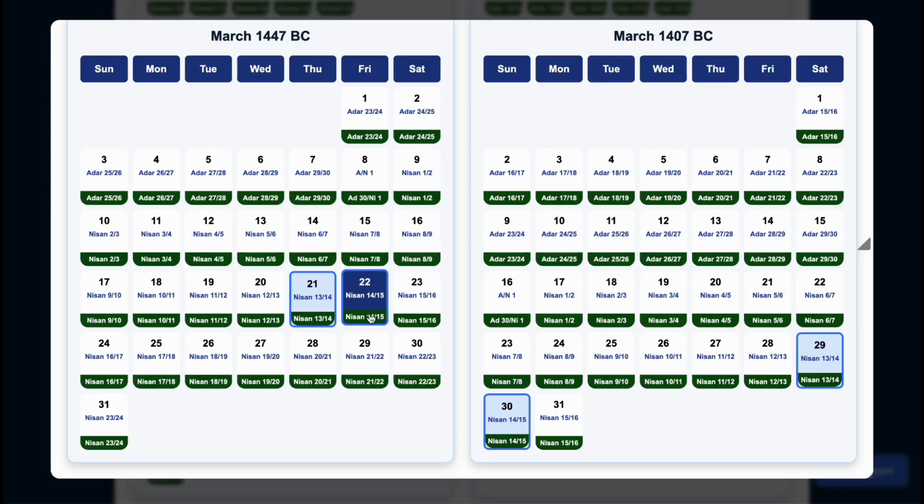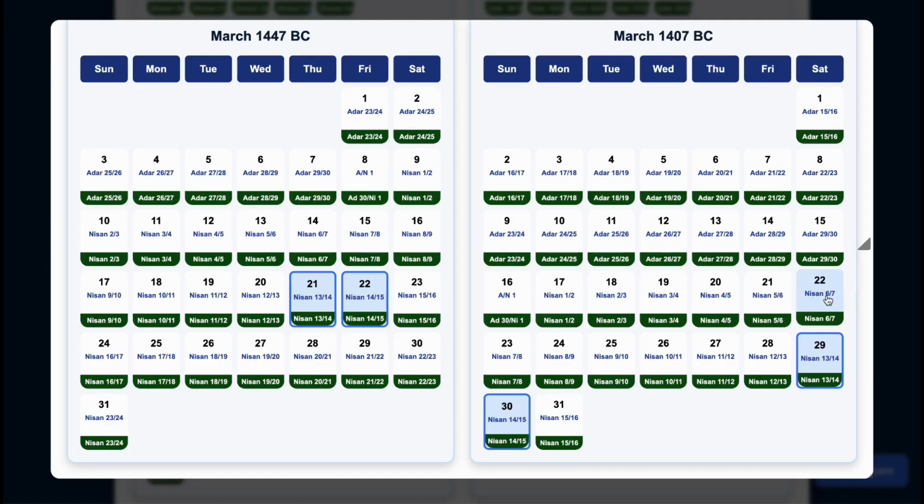This is March 22nd. If we go exactly 40 years from March 22nd to 1407, we go to March 22nd, which lands on Nisan 6/7. This is exactly 40 years later to the day, March 22nd. Again, this would be 40 years later to the day in the Gregorian calendar.